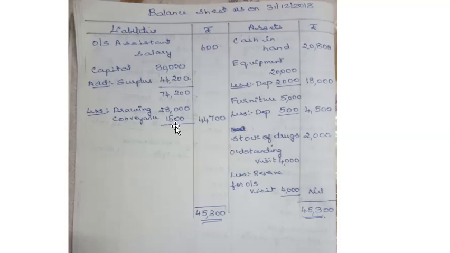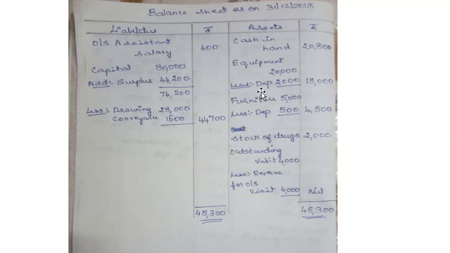So that 50% you have taken here, 1,500. 74,200 minus 28,000 and 1,500 is 44,700. Okay, over. Now total both the sides, it should be the same. So 45,300 and 45,300.